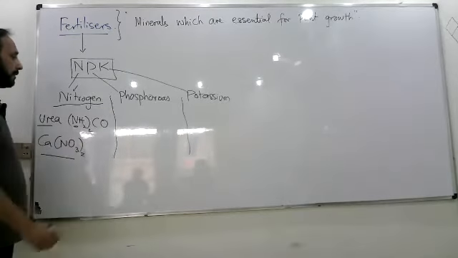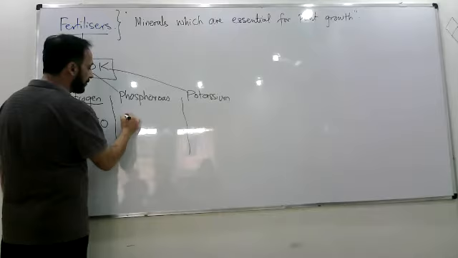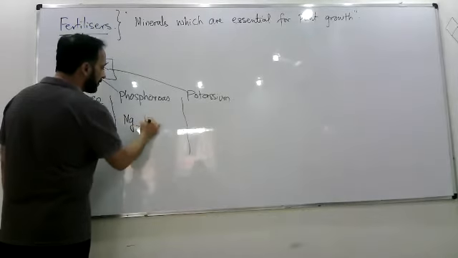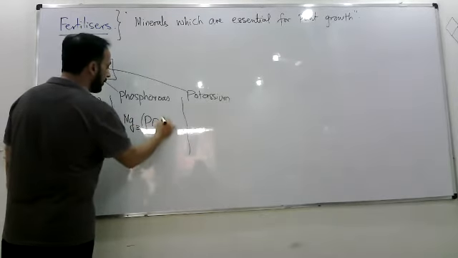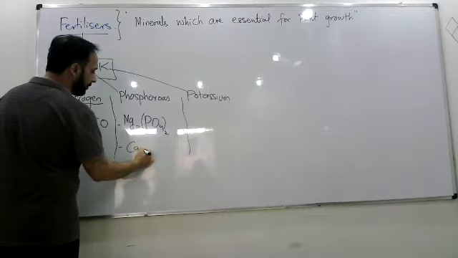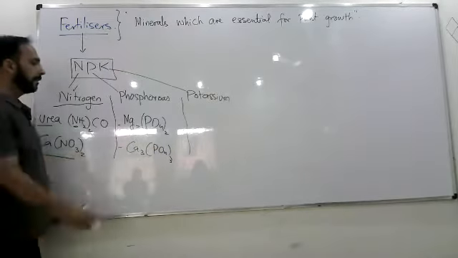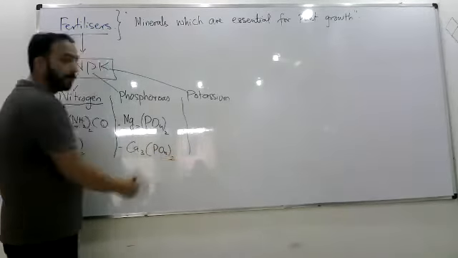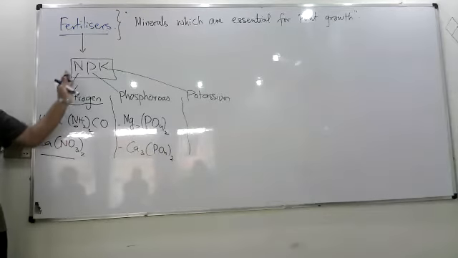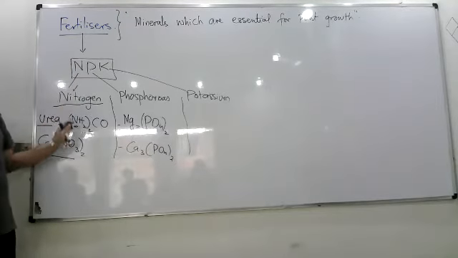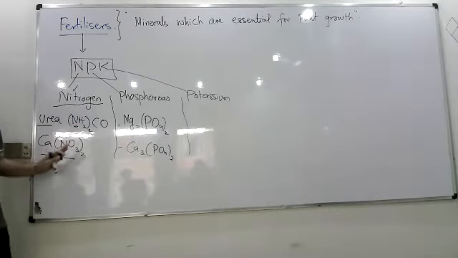For phosphorus, we have magnesium and calcium phosphate. Magnesium phosphate, Mg3(PO4)2, and calcium phosphate, Ca3(PO4)2. You get to write at least one or two examples of these NPK fertilizers. The nitrogen, you can write urea and this.